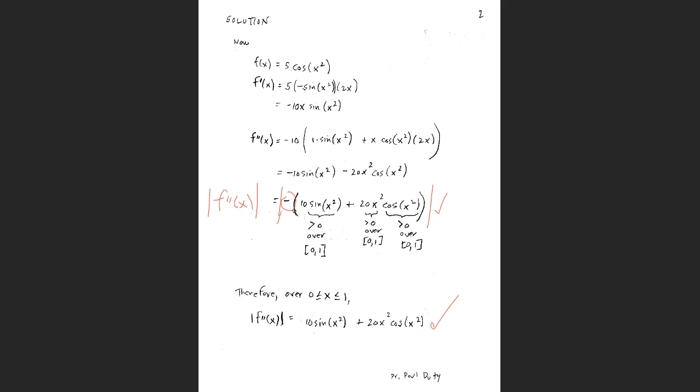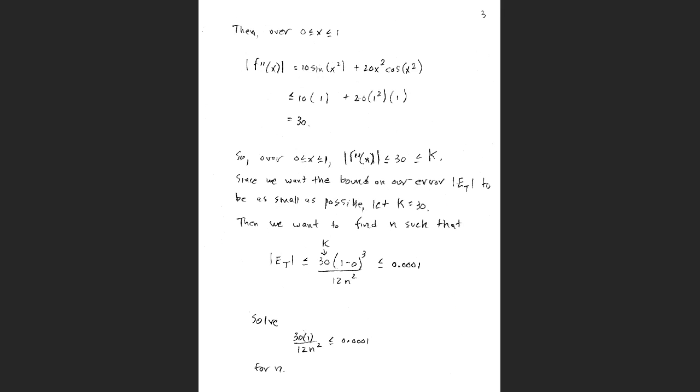Well, now we have to determine K. And here's how you're going to do it. Let me show you on the next page. What you're going to do is very simple. You're not going to study whether this absolute value of the second derivative is an increasing or a decreasing function.